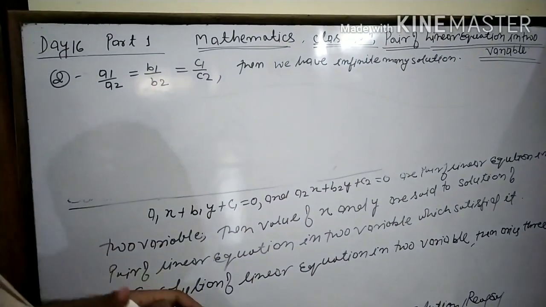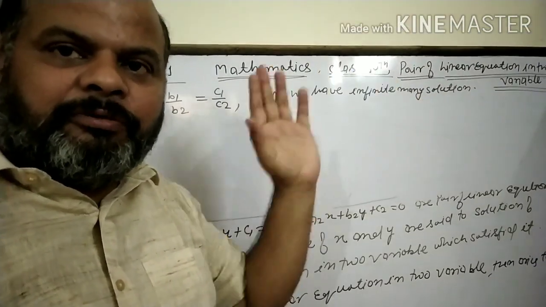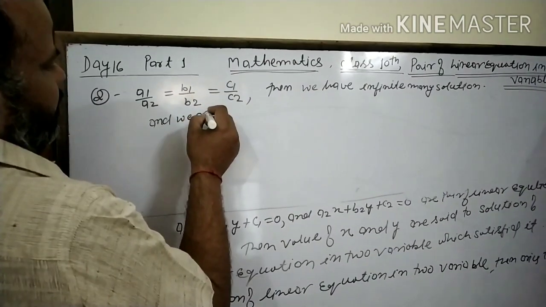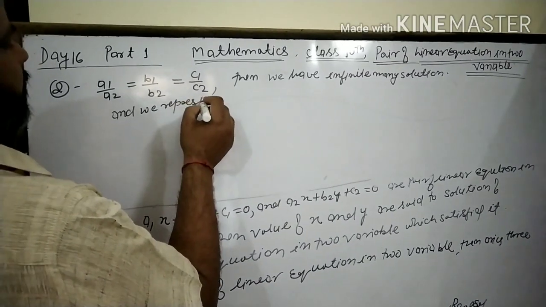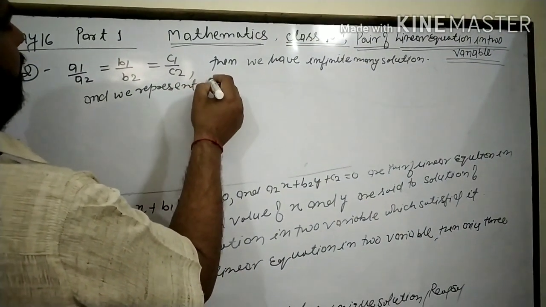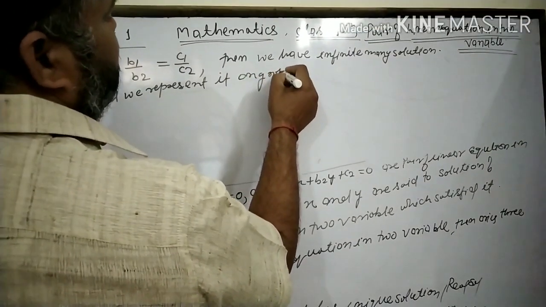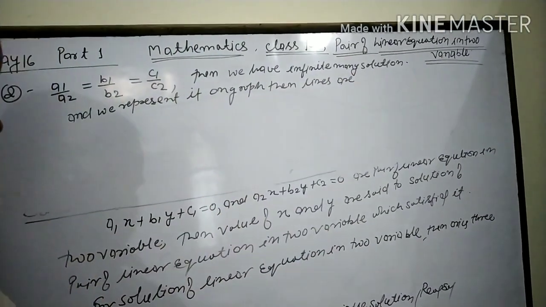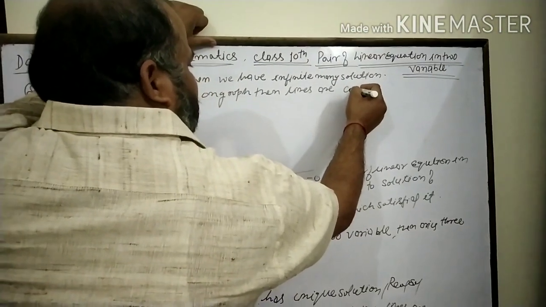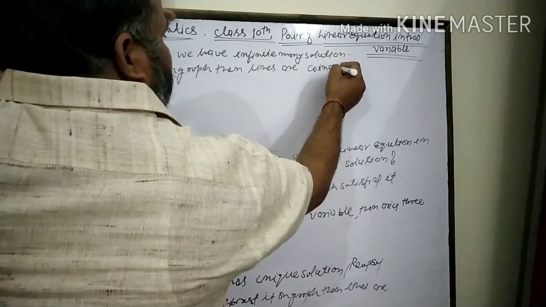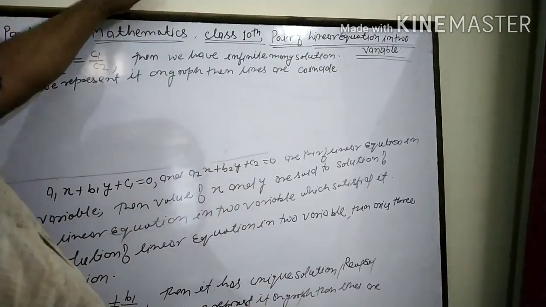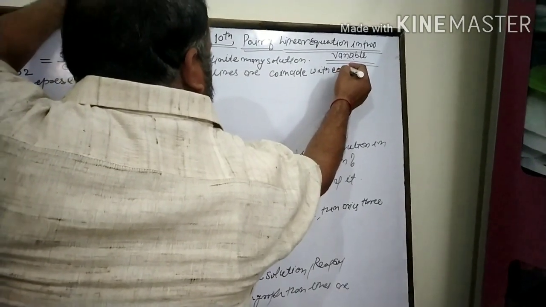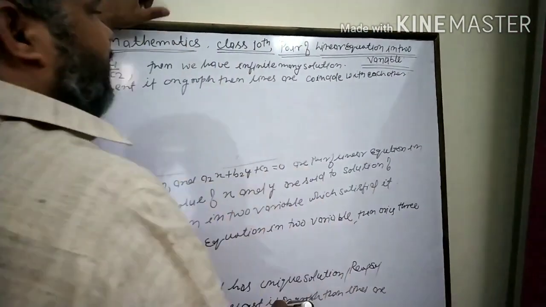It means we have infinite values of x and y, and if we represent it on graph, then lines coincide with each other, and are called coincident lines.